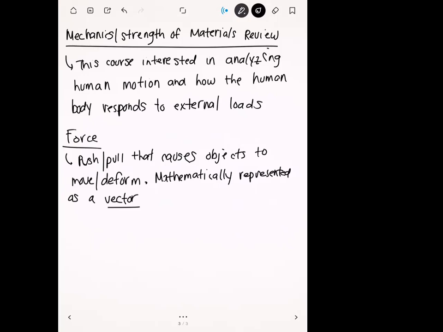As an example, let me draw my favorite amorphous blob, or arbitrary potato, whatever you want to call it.